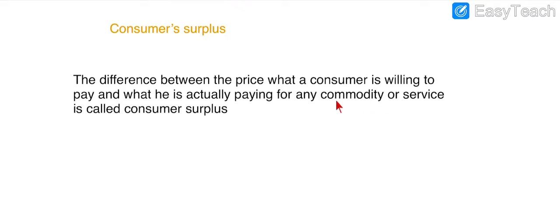It means the price of a commodity which the consumer is paying and the price which he was actually willing to pay, and the difference between what the consumer was willing to pay and what he is paying is called consumer surplus. Let's understand this definition with the help of a table and diagram.